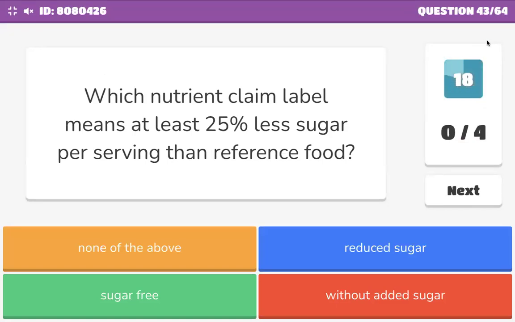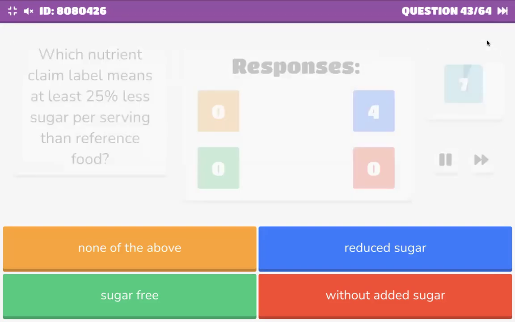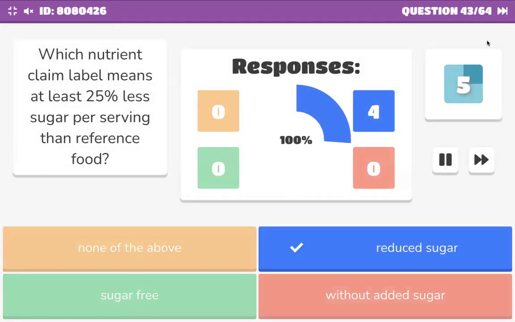Which nutrient claim label means at least 25% less sugar per serving than the reference food? Reduced sugar.